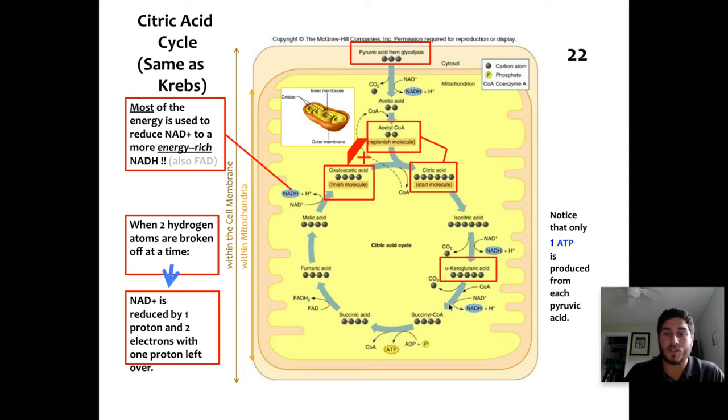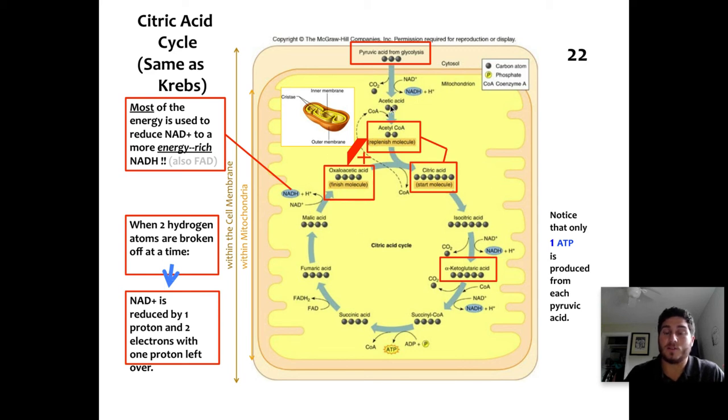And then from here, it's going to continue on. We're going to create ATP. And then it's going to continue over here. We're going to make some FADH2. And then it's going to continue all the way back up to the top. And we're going to be able to re-establish the same connection again, right? This is a cycle. All right, so we can continue to do this over and over.